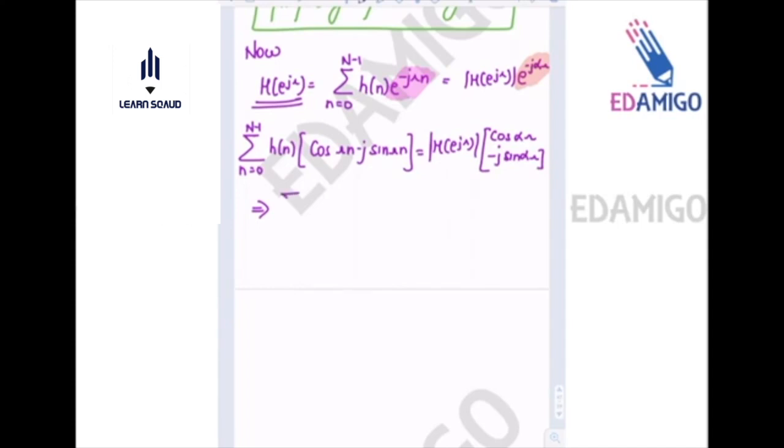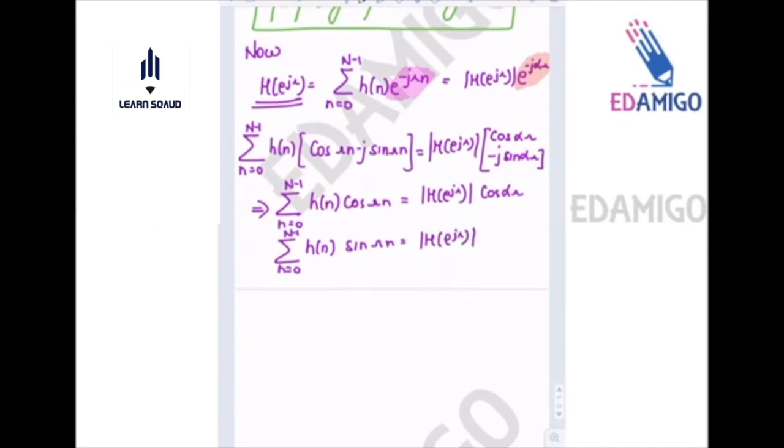So we get summation n equals 0 to capital N minus 1 h[n] cos of sigma n is equal to cos of alpha sigma, and comparing the imaginary part we get sine of alpha sigma, right?